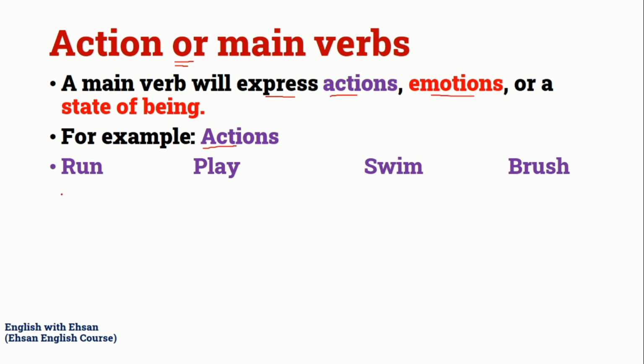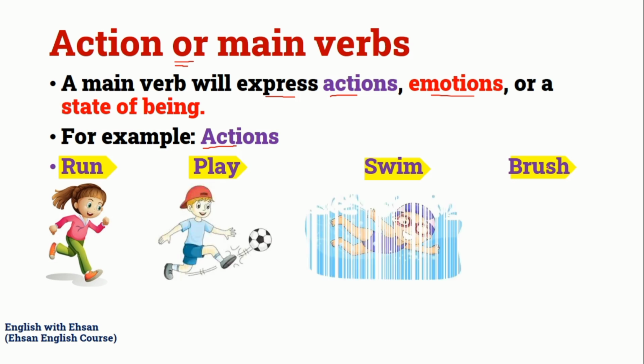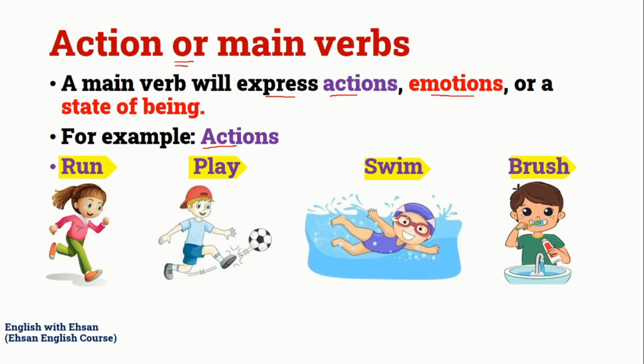First, actions like run, play, swim, brush. These are the action verbs that we perform physically: run, play, swim, brush. This is the picture for them, to help the example more.